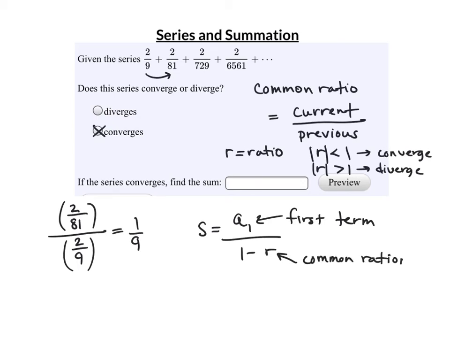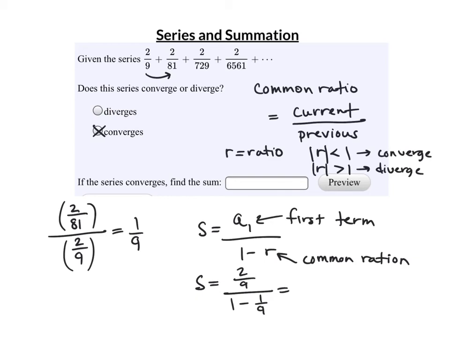Again, they're not using r for rate as a percentage, they're using it for the common ratio. So in this question, our first term is 2/9, and we're going to divide that by, to find the sum of this series, 1 minus the common ratio, 1 minus 1/9.